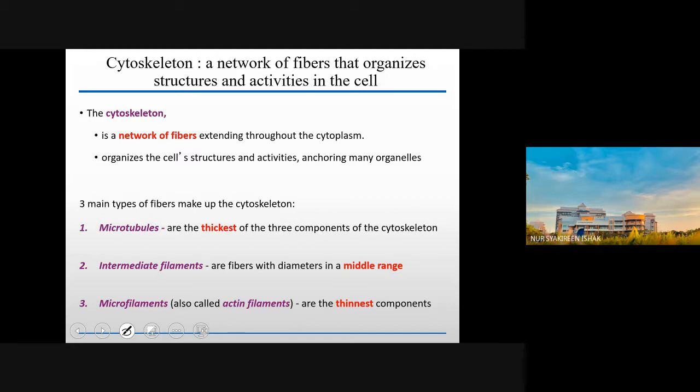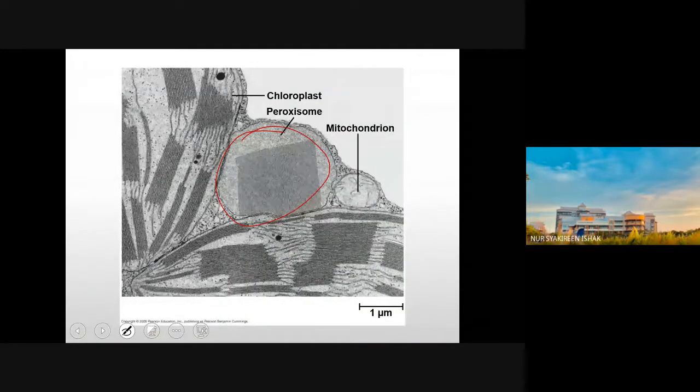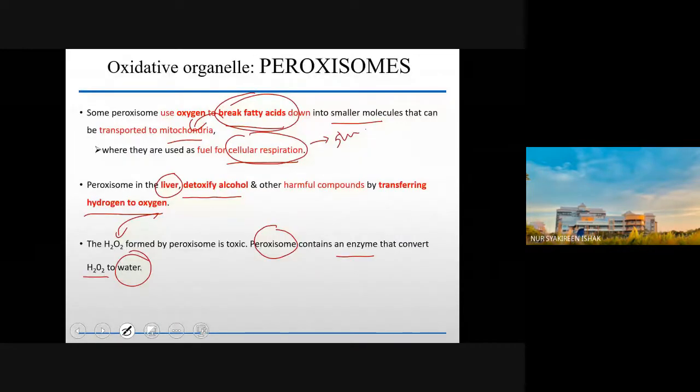Okay, so another type of peroxisome, a specialized peroxisome. If you look at your notes, not in my notes here, but in your notes, it says there is a specialized peroxisome, we call it glyoxisome.